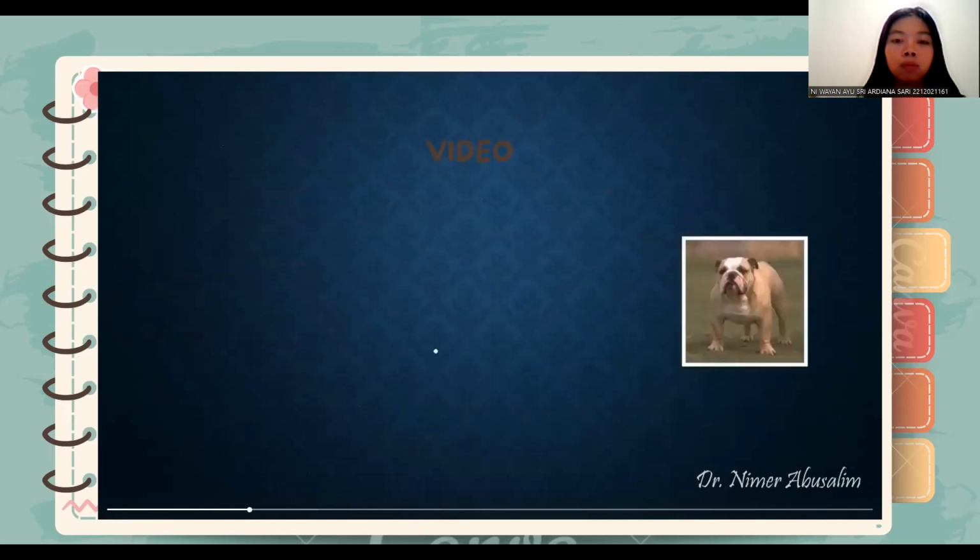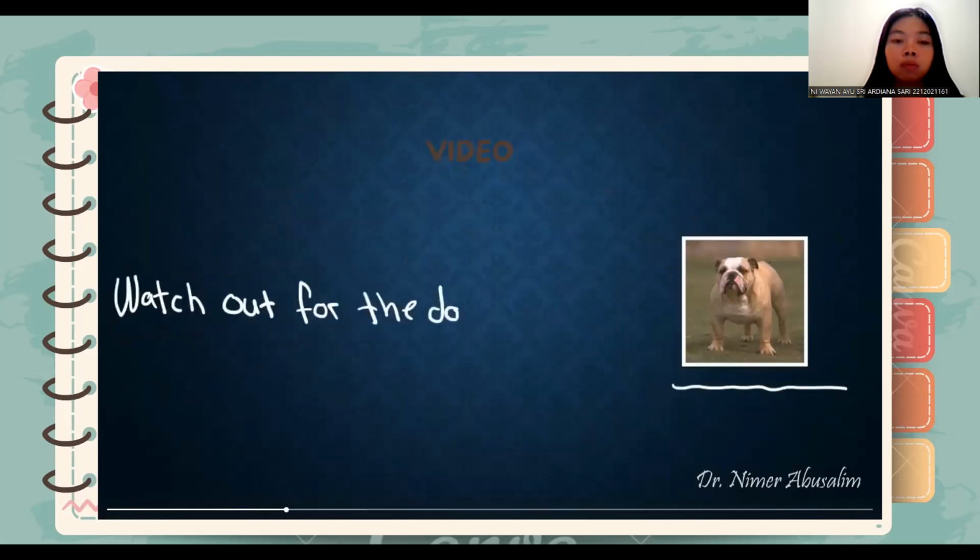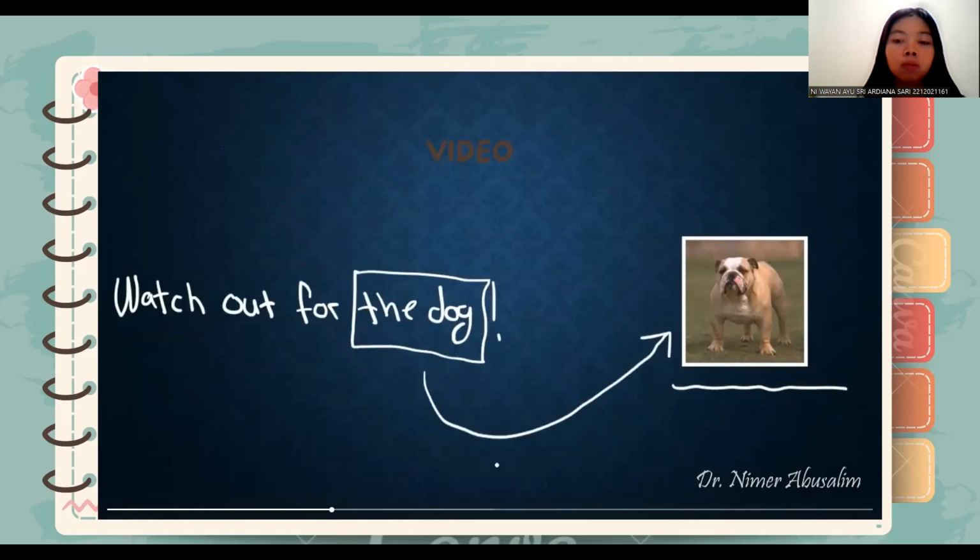So let's imagine a scenario here where in front of us is this dog. One person might yell, "Watch out for the dog." Now, the phrase "the dog" here in this situation is used to refer to this dog that they have in front of them. So when the speaker said "the dog," the speaker intends to refer to this dog right here.